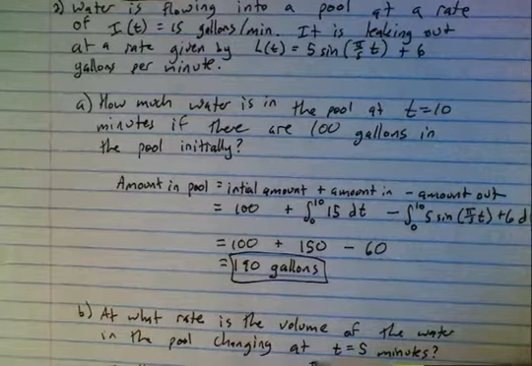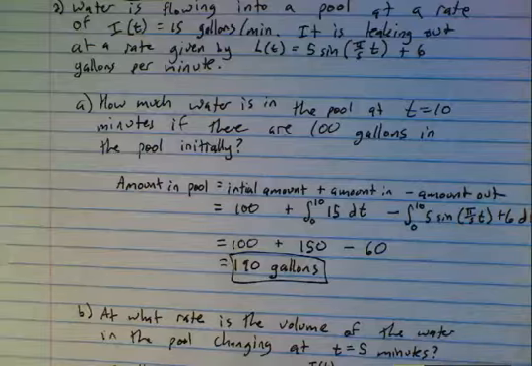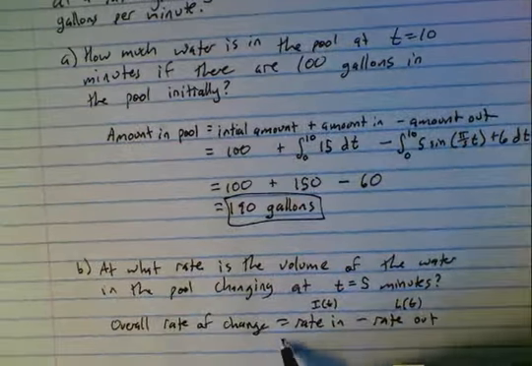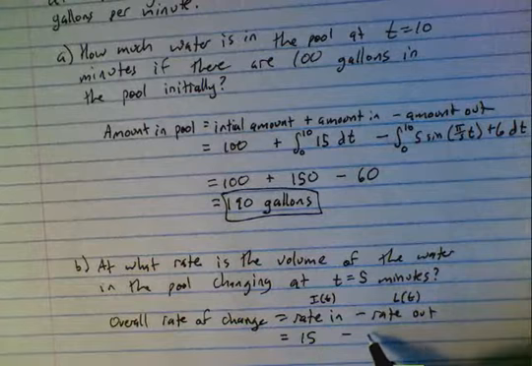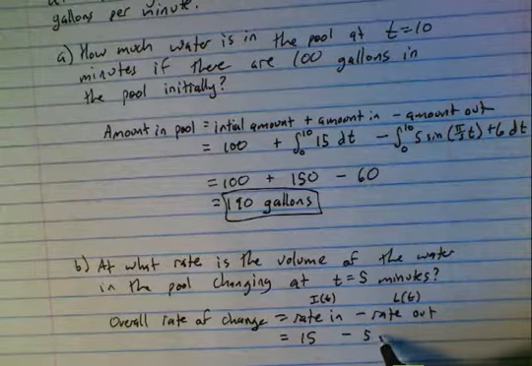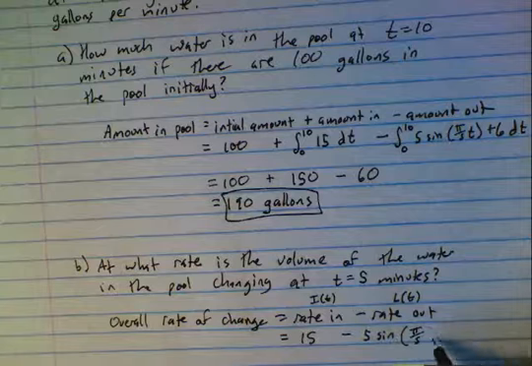In, that's I of t. Out was L of t. So the rate in was 15, and the rate out was 5 sin(pi/5 t) + 6.